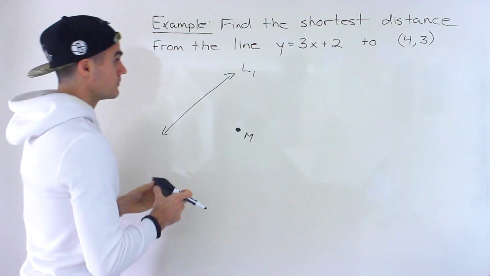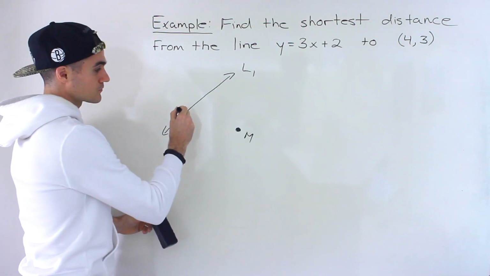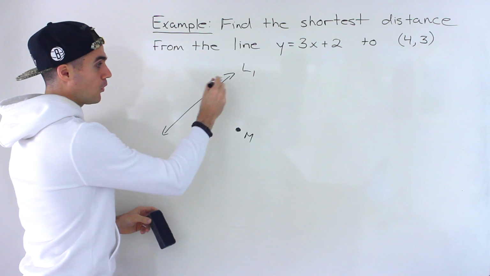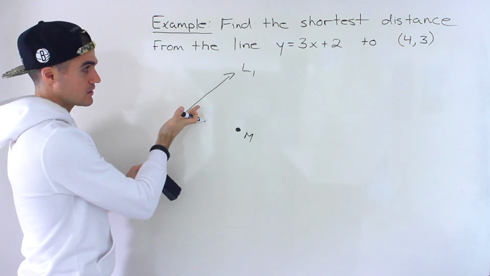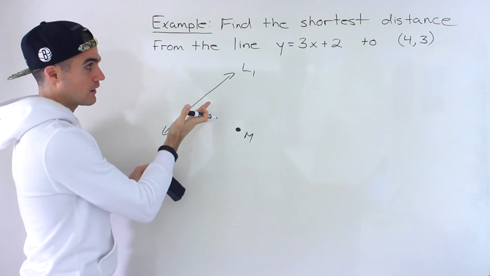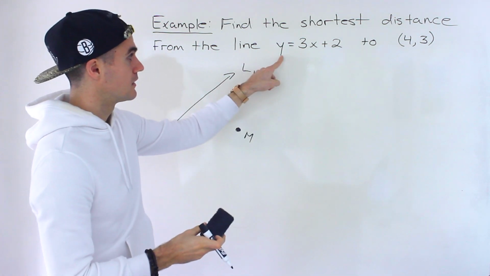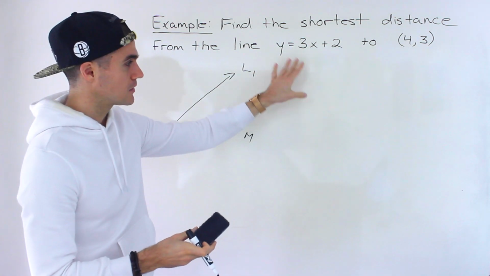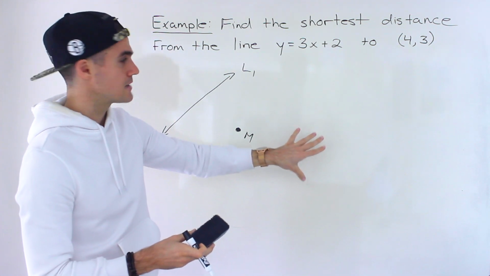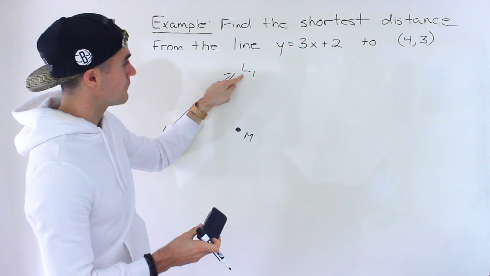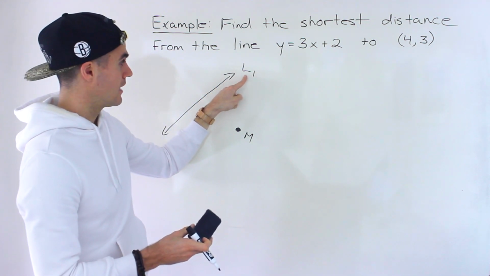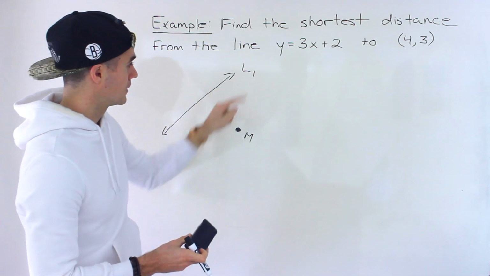You're maybe going to be given points, maybe 2 points on the line. So first you'll have to find the equation of the line, get it to this point, and then follow these steps. So when I go through these general steps, I'm assuming that you're already at the point where you have the equation of the line, which is this L1 over here.